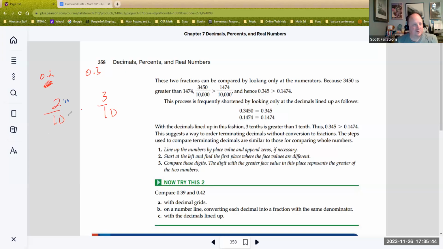This allows you to FLOF. And if you FLOF with tens, you'll end up with equivalent fractions, right? And the decimal places will then look like 0.20, 0.30, because two decimal places means two digits.